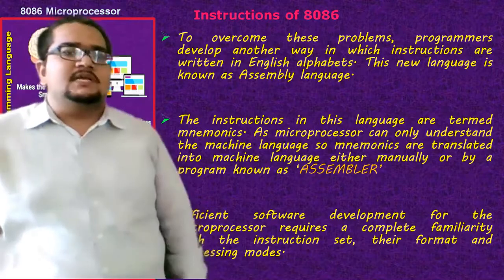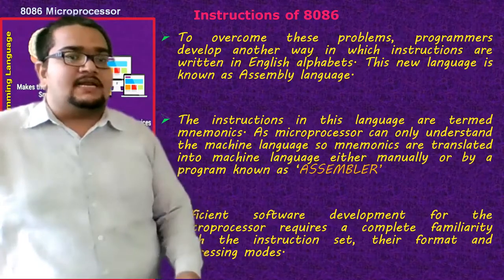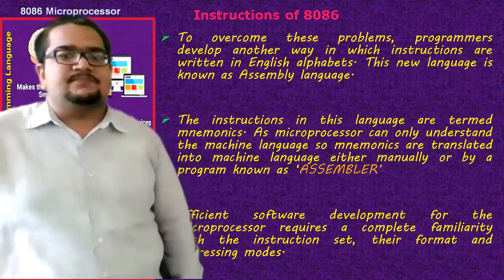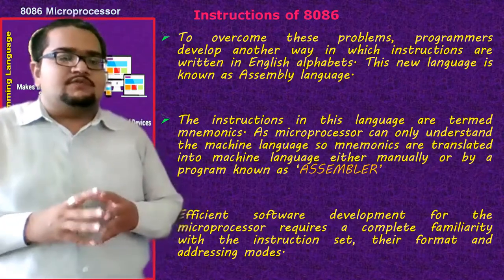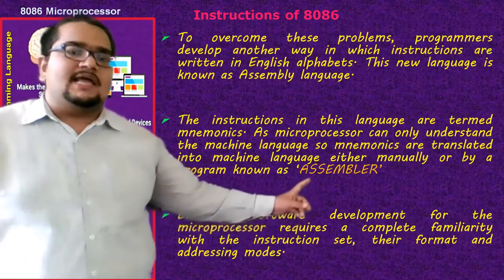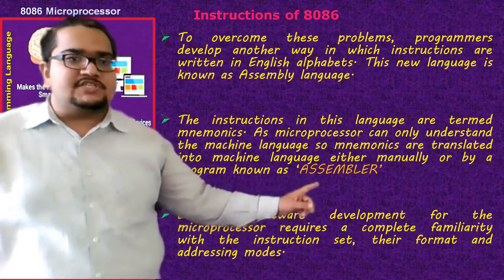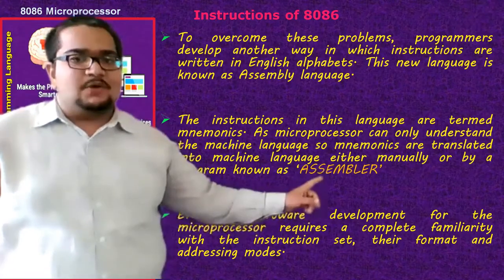To overcome these problems, programmers developed another way of writing instructions in the form of English alphabets, mnemonics we call them, and that language is the assembly language. Here we require a tool which converts our assembly language into machine language, and that tool is the assembler. It translates our assembly language code into machine code, because the hardware understands only machine code.